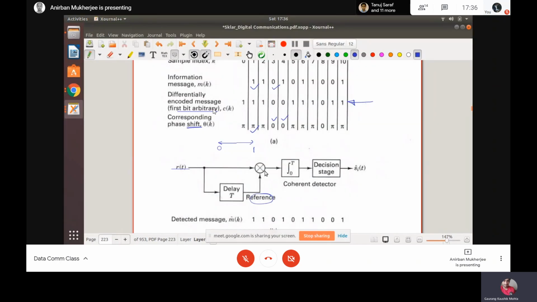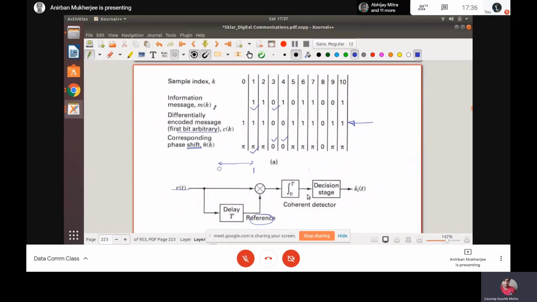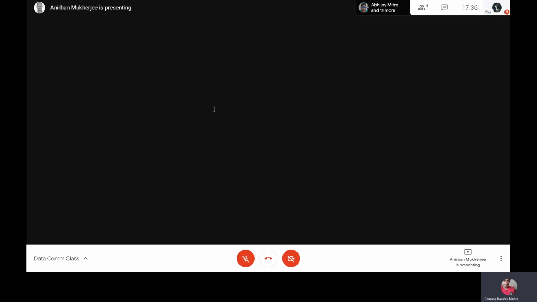Delay means I am doing the XOR, and from that I have a coherent detection. This coherent detection, we know, is the decision stage. And what is my detected message? If I have this phase shift and all these things, I have my detected message, this one. If you do it by hand, you will get that. It will be the same as the original message 1101.